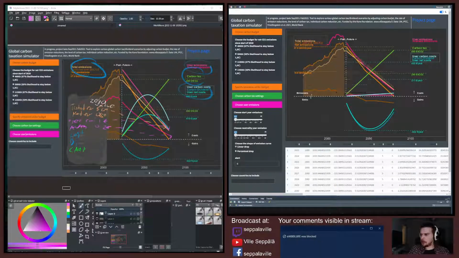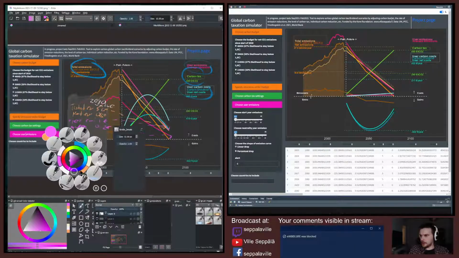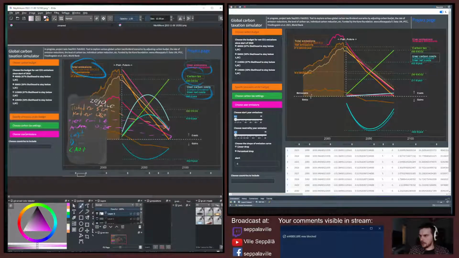But I think there could also be a slider down here. We could have this slider line here, and you can move this around.